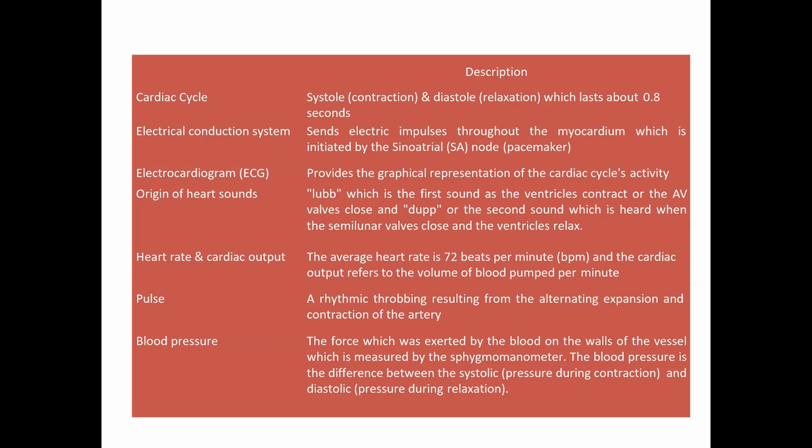Okay? Next is the electrical conduction system. The electrical conduction system is the one that sends electric impulses all throughout the myocardium. It is initiated by our pacemaker, the sinoatrial node. This sets the contraction of the muscles of the heart. That's why with some of our patients, if their pacemaker is damaged, you will notice that when their heart pumps, the chambers contract randomly, with nothing controlling which contracts first. Because there is a rhythm, right? It depends on the path of the blood flow in the heart.